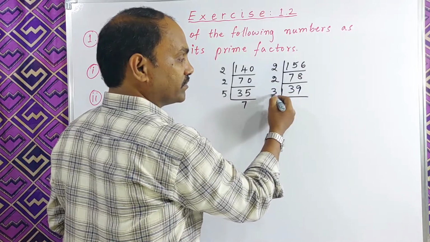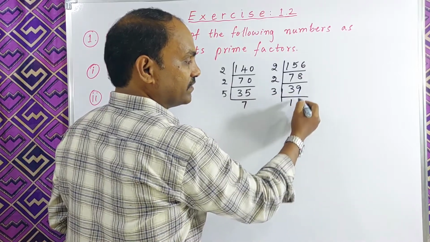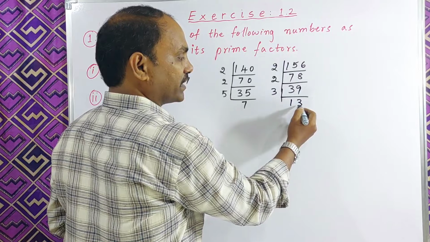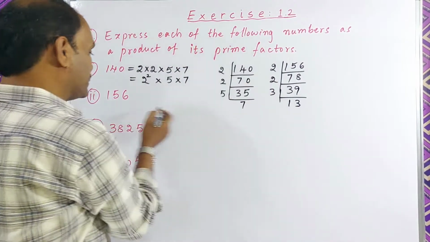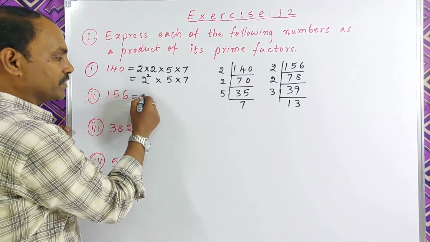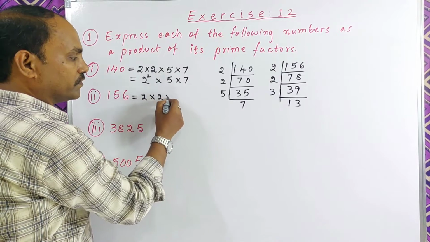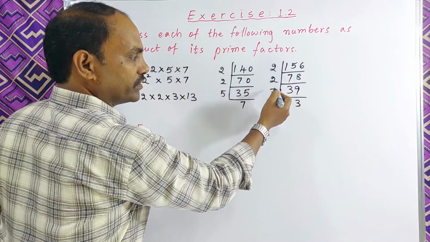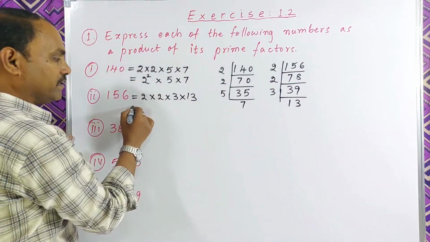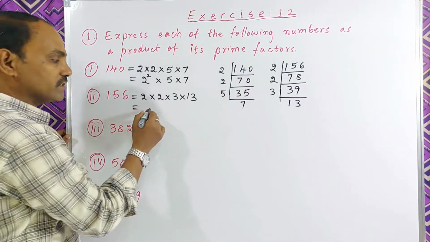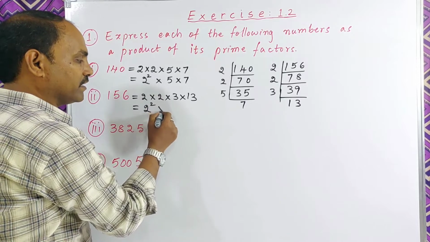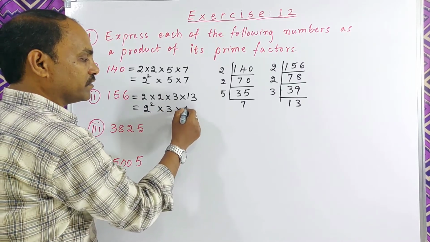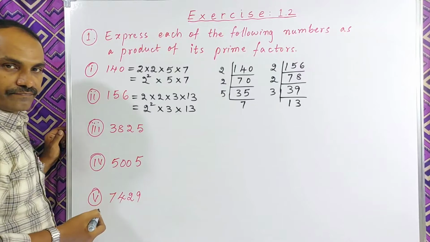This one is divisible with 3. 3 ones are 3, 3 threes are 9. So 13 is there. How can we write this 156? 2 into 2 into 3 into 13. Then here 2 comes 2 times, so 2 square into 3 into 13.